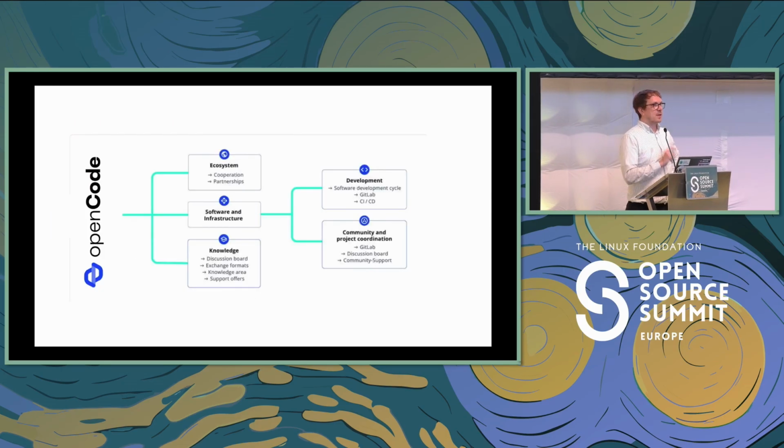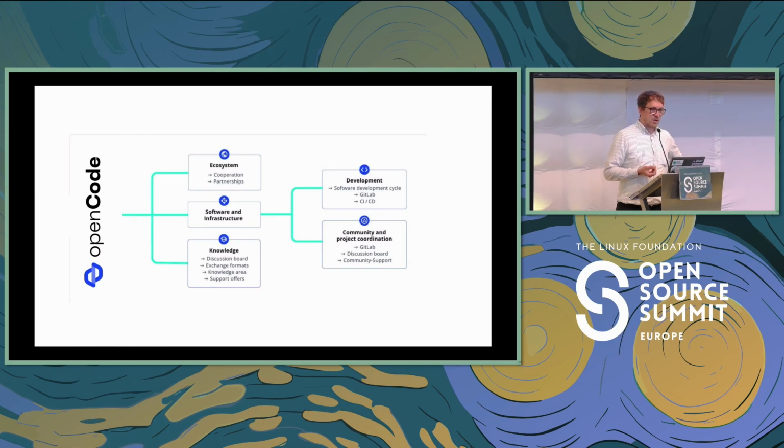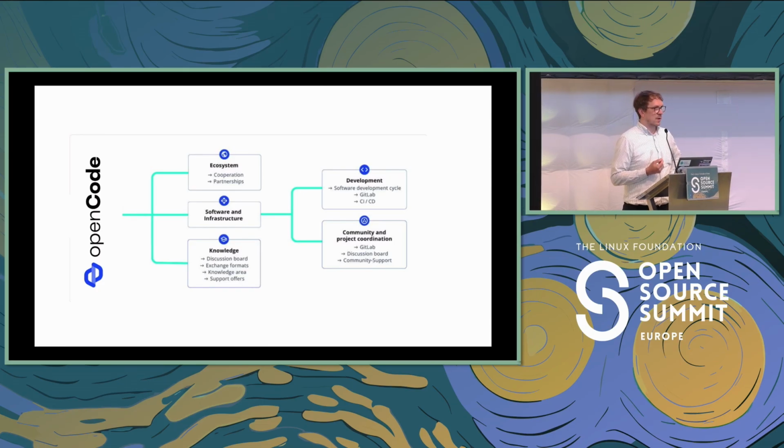So having this in place, we started with a platform where also from the beginning everything was in that you need to develop software. It is a GitLab with sufficient CI/CD and resources to build your project. It's a lot around community and project organizations, and we collect all the knowledge that is needed to get onboarded on those topics and terms.